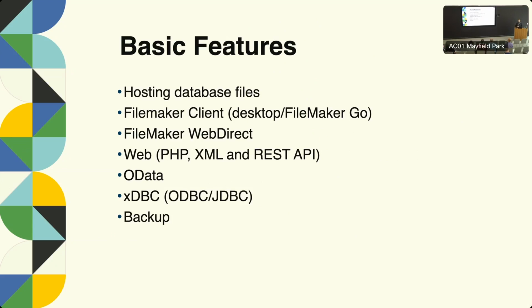XML is still there, and the REST API is the newer protocol to exchange data. OData is fairly new, and XDBC, meaning ODBC and JDBC, and backup. That's the main basic features. I'm a little bit fast-paced here because you probably already know this, so it's a refresher, right?